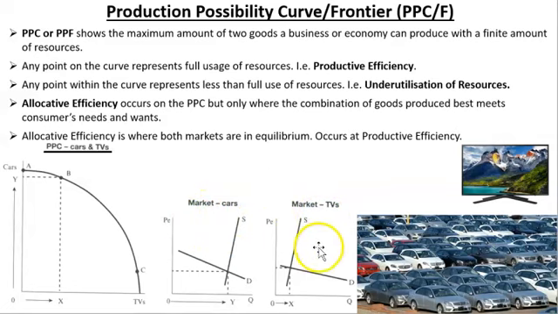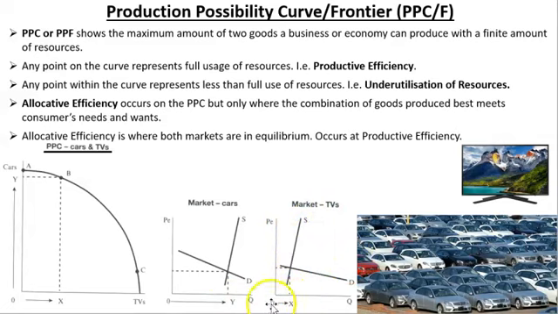Now we can see over here we've got two supply and demand models, which again for those newcomers to economics will be a little bit foreign. So rest assured we're going to be going over cars and TVs and these markets in later lessons to provide a bit more detail. But for those who've done this before, this will probably be most helpful. So the equilibrium quantity in the market for cars is shown as Y, and the equilibrium quantity for the market for TVs, X here.